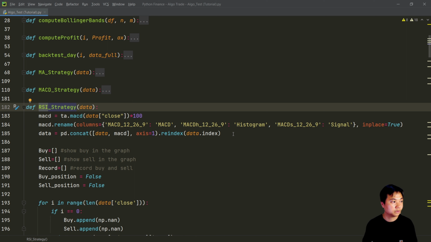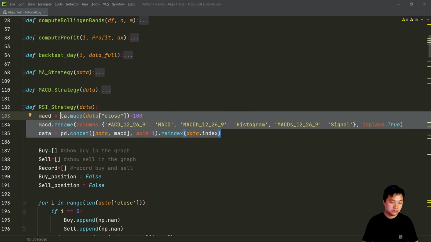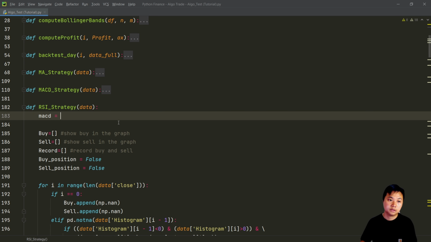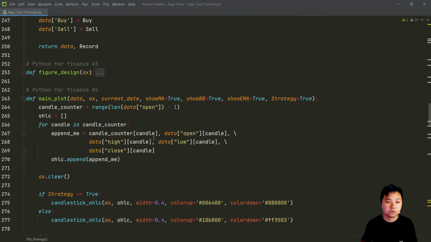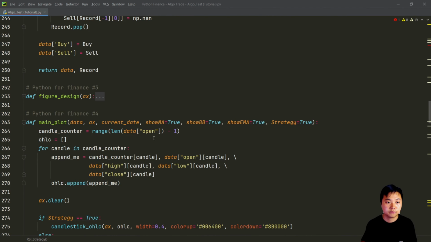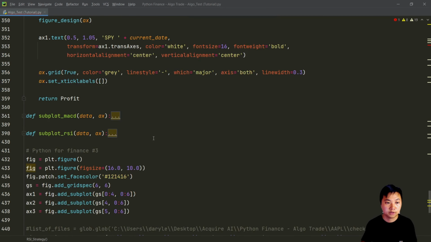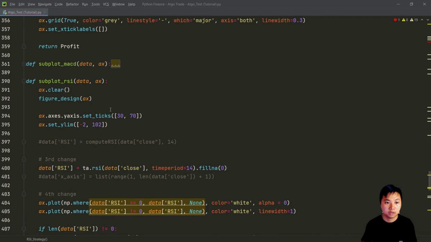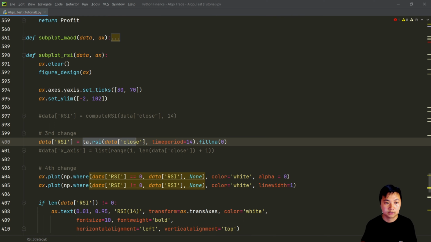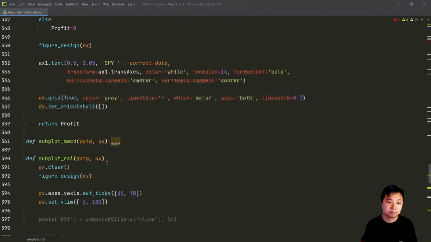Of course, I'm not going to use the MACD data. For these reasons, I will just change these data to RSI, and you can simply find this in the RSI part, and this is the function to help us calculate the RSI.